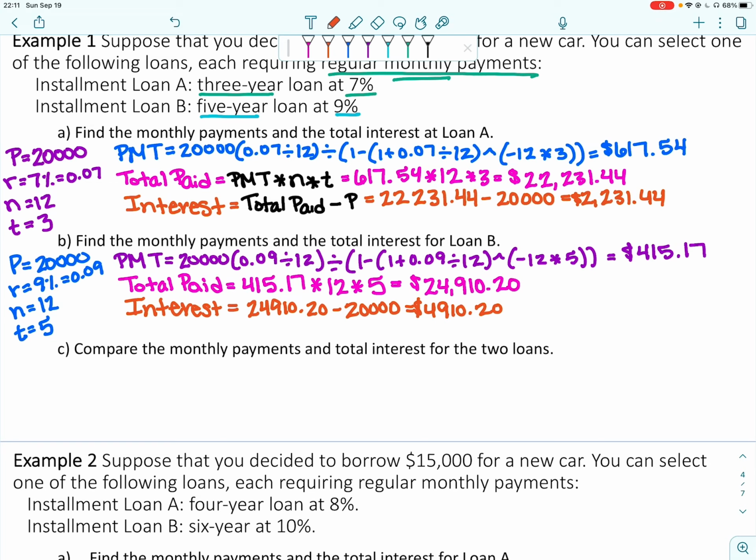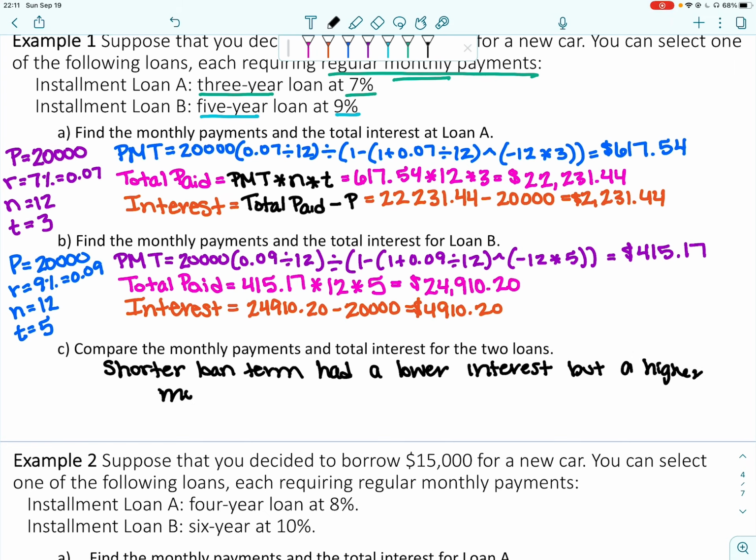So compare the monthly payments and the total interest for the two loans. So the shorter loan term had a lower interest but a higher monthly payment.